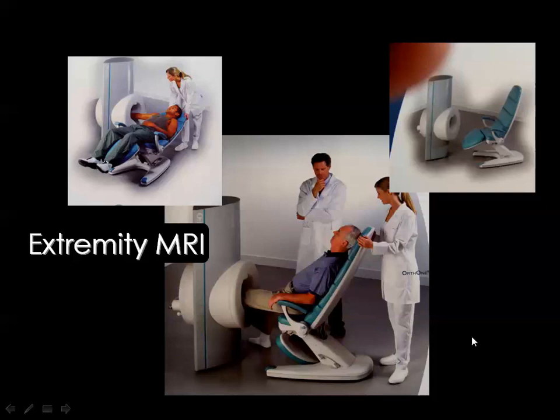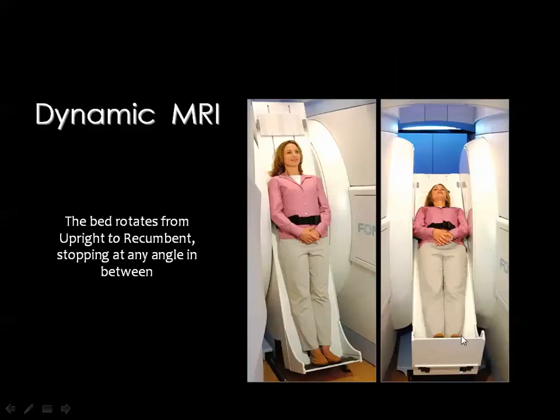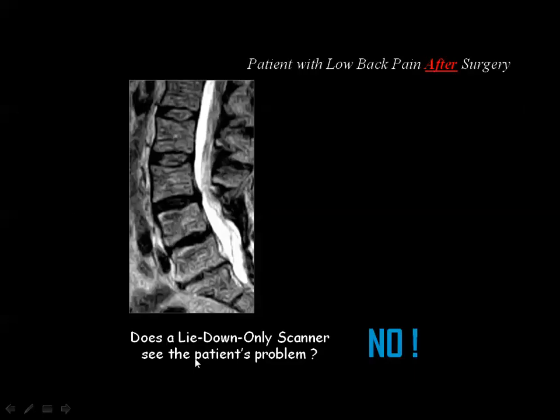Then we have the dynamic MRI, which can image the patient while he is standing, or in the weight bearing position. This is very important in imaging of the spine and joints that are subjected to weight, like the hip, the knee, and the ankle.